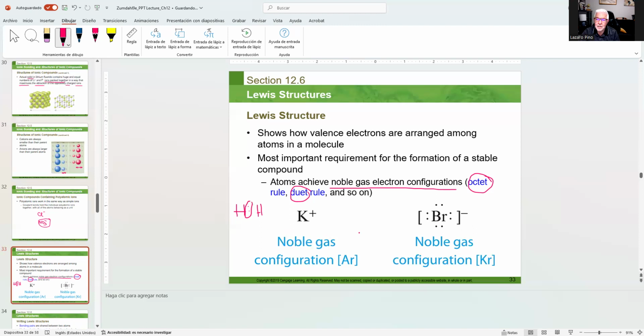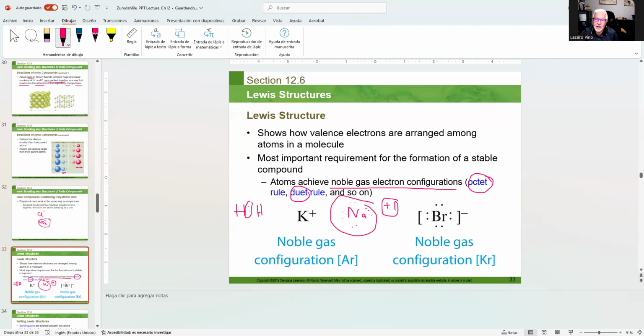But in the case of other atoms, for example, as I showed you before, sodium tries to lose 1 electron, then it is positively charged, and then it gets 8 electrons in the inner part of the atom.